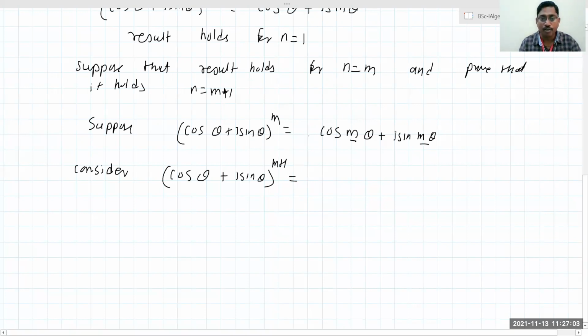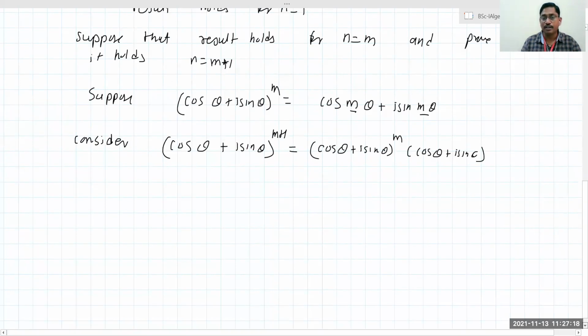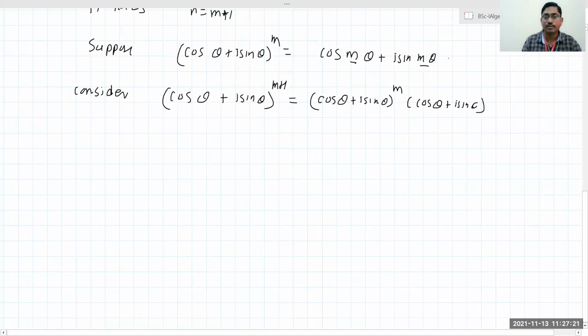So by the law of indices, I can write this as cos theta plus i sin theta raised to m, times cos theta plus i sin theta. And now for m it holds, so I can write cos of m theta plus i sin m theta, and this is cos theta plus i sin theta.